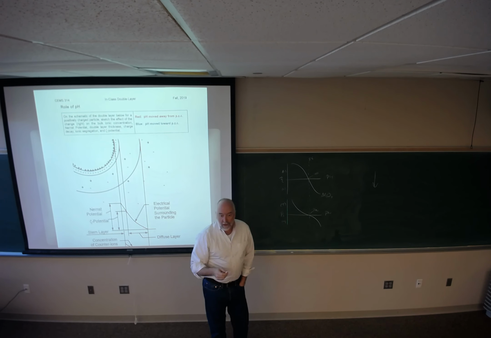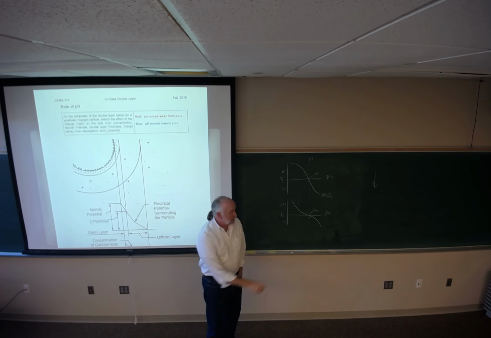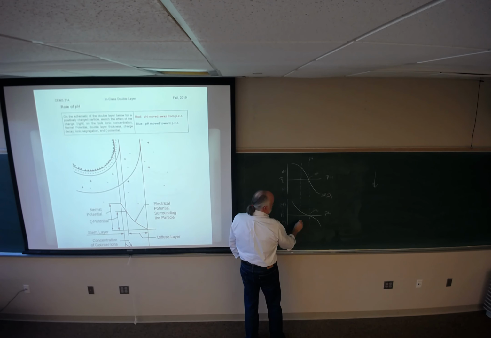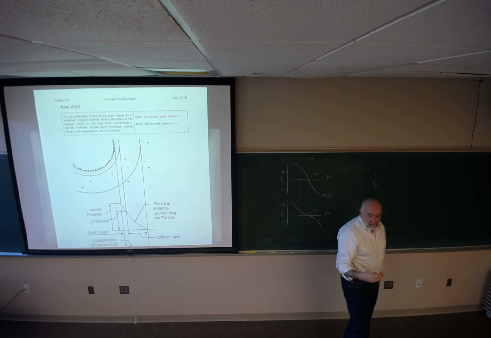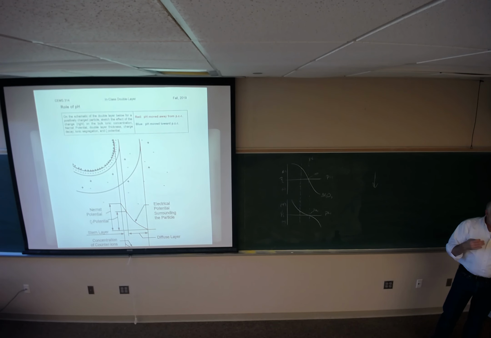And where this figure started, and it is an illustration, right, was someplace south, someplace below the point of zero charge, right? Because you have a net positive charge on the particle surface. Does that make sense to everybody?